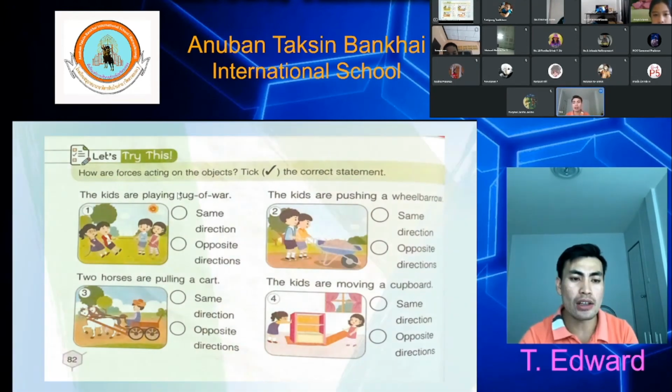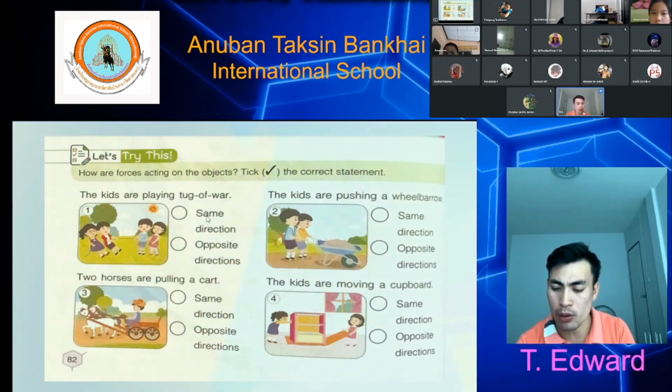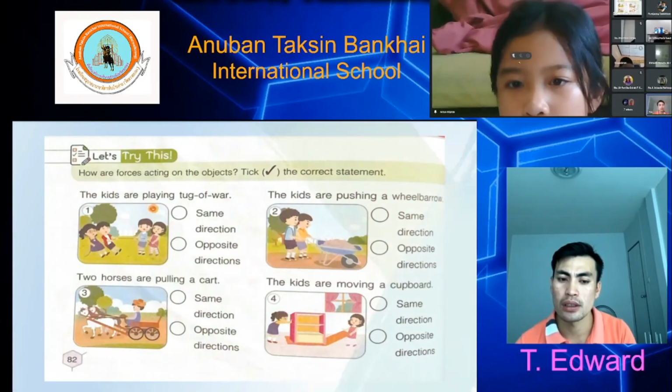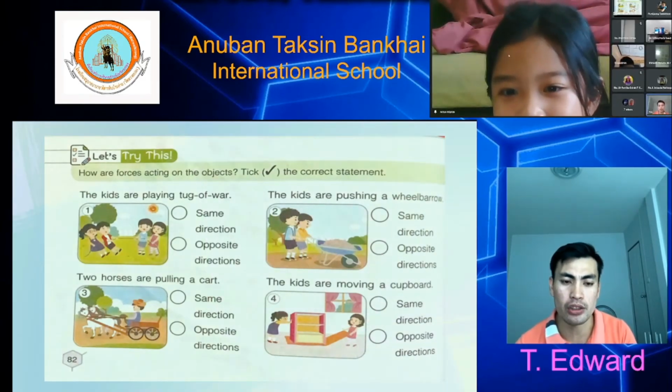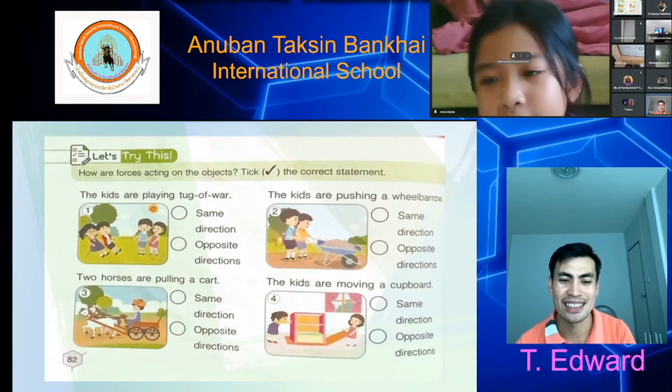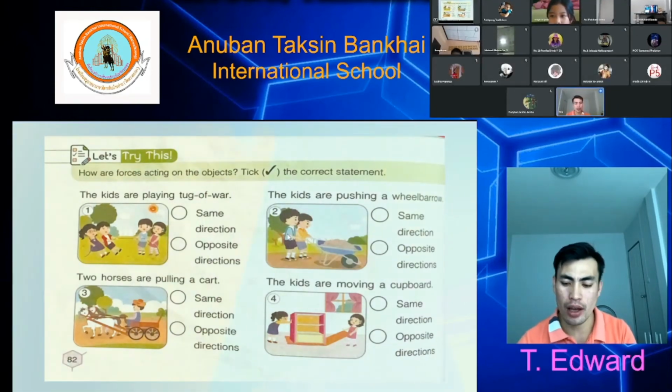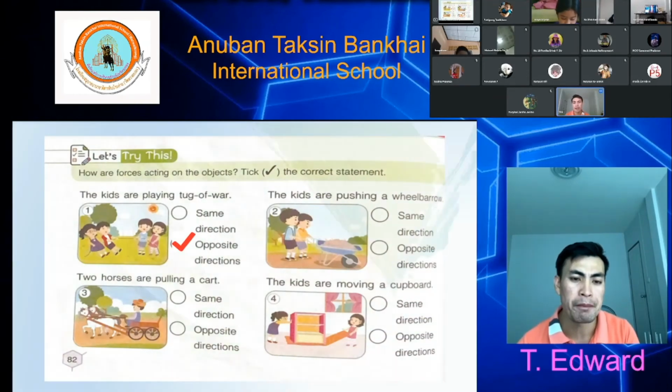The kids are playing tug of war, same or opposite direction? What's your answer? Araya, what's your answer? Opposite direction. Opposite direction is the correct answer. Very good. Number 2.